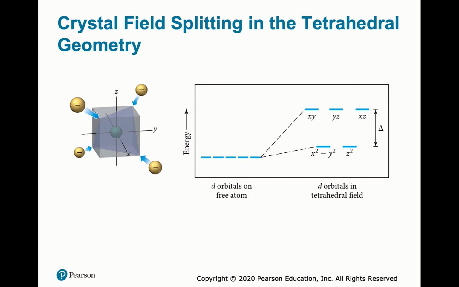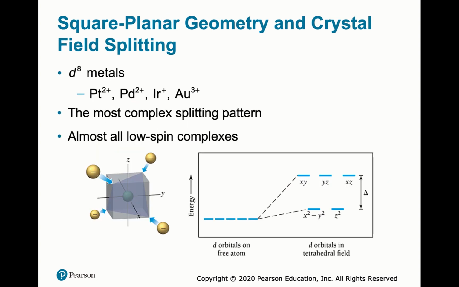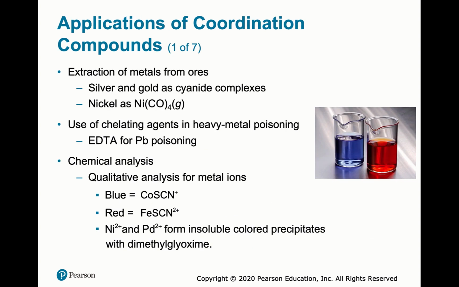So kind of like I said before. So other things, square planar: these are almost always low spin. So the splitting tends to be bigger for these.